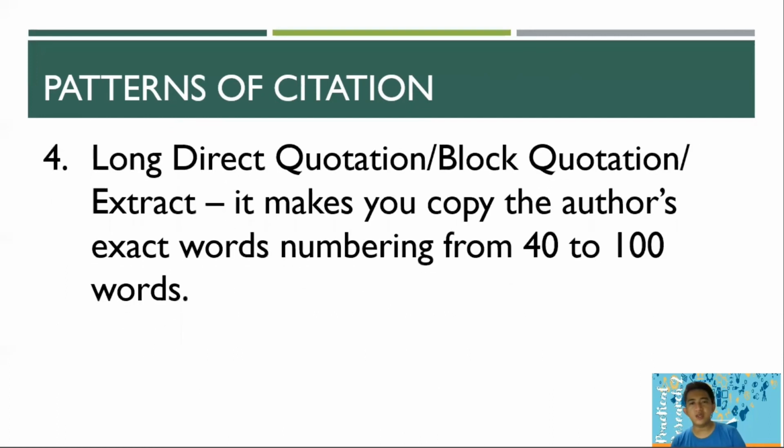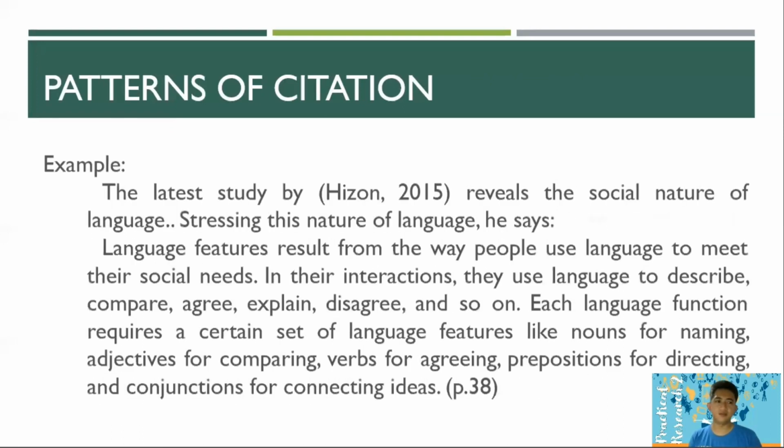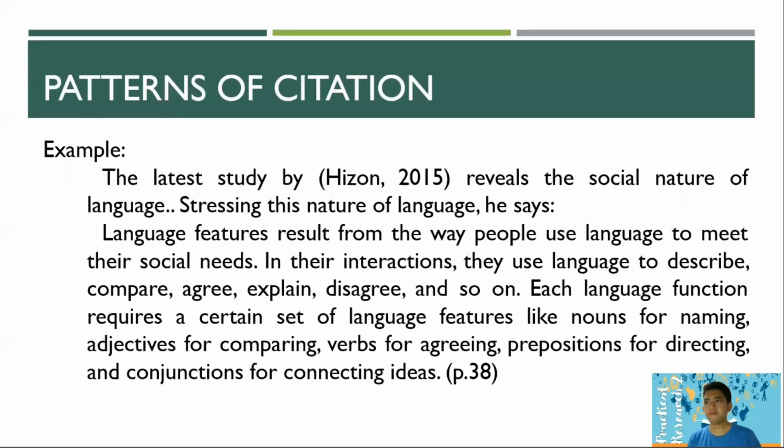For a longer quotation, called a block quotation or extract, we can copy the author's exact words numbering from 40 to 100 words only. Greater than 100, it will turn into a plagiarized work. So this is the example.